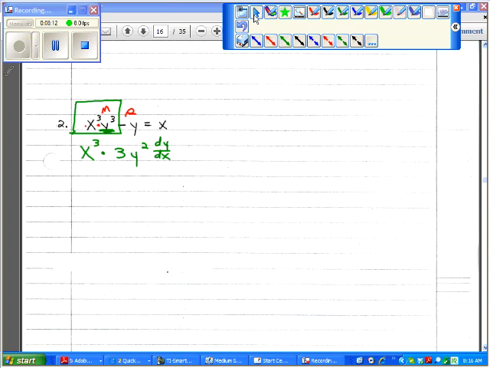So we have first times derivative of second plus second y cubed times the derivative of the first, and the derivative of the first would be 3x squared. Now that does not have a dy dx. So that took care of the green box, right? The derivative of the product is first times derivative of second plus second times derivative of first. The derivative of a difference is the difference in the derivatives.